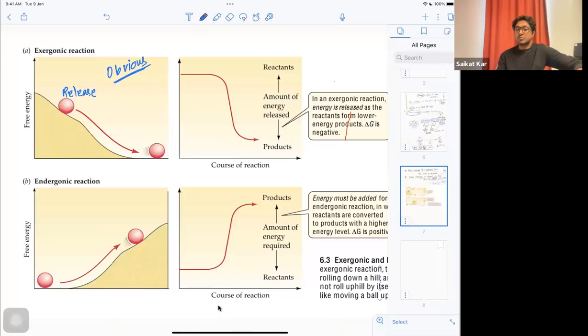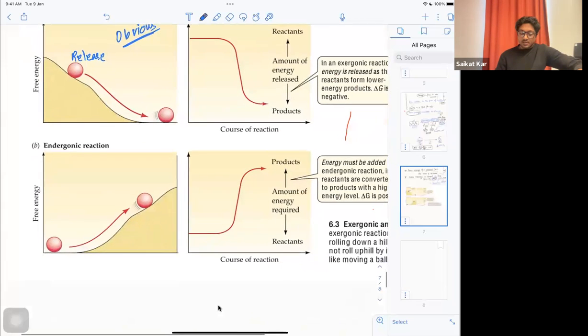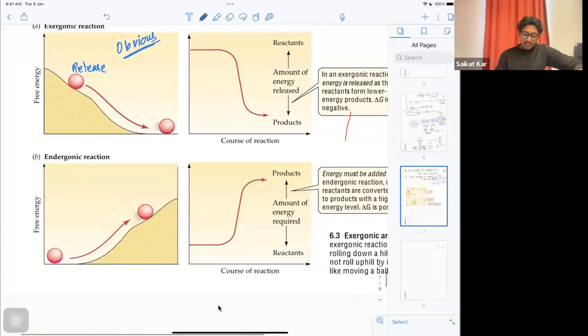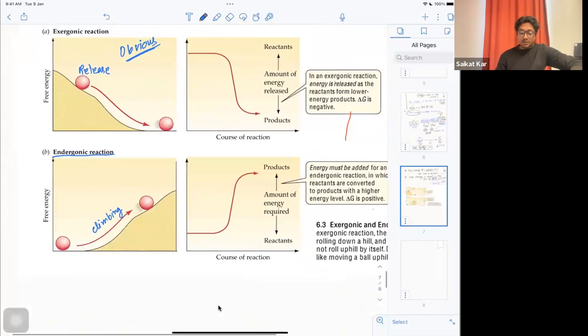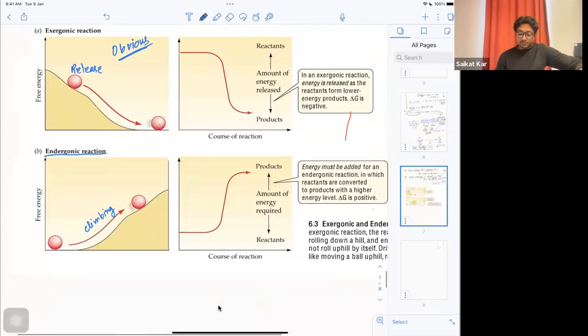In the case of an endergonic reaction, it seems like you have released a ball at the base of a hill and the ball is climbing up. So this is not obvious. This is an unnatural kind of reaction, but we know how this occurs from the last example.